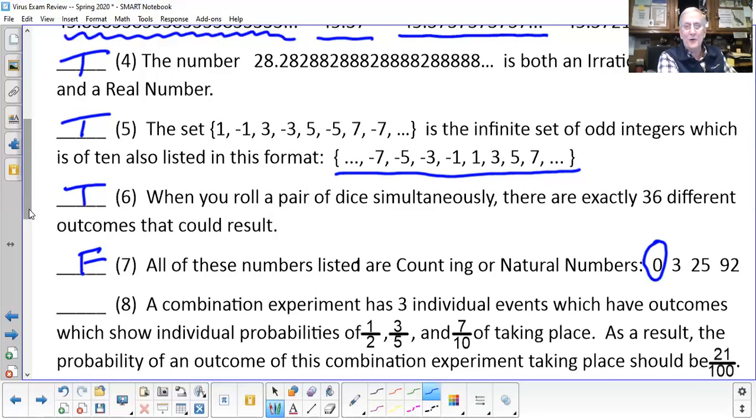I'll let the clocks all ring while you think about this. Well, it is correct, because you would multiply 1/2 times 3/5 times 7/10 to get the outcome 21 out of 100. So this is definitely a true statement.